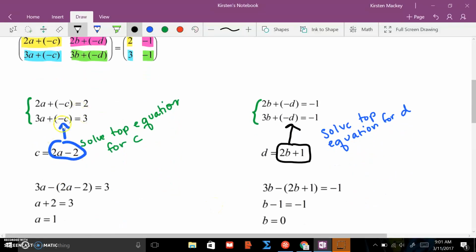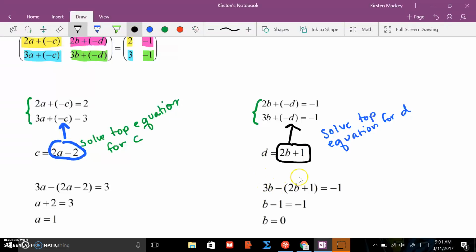What I did when I substituted this value of C in, 3A minus 2A gives me 1A. And when I subtracted negative, it's the same thing as adding 2. So A plus 2 equals 3. Well, that means 1 plus 2 has to equal 3. So the value of A should be 1.